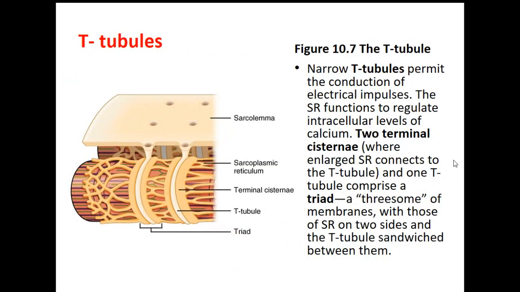So that's what we see here. There's the sarcolemma, the plasma membrane covering the whole muscle cell, and we see those T-tubules are just tunnels that are extensions of that sarcolemma that go down deep inside the cell, and we'll see what their function is in a minute.